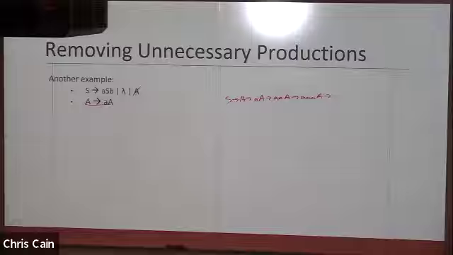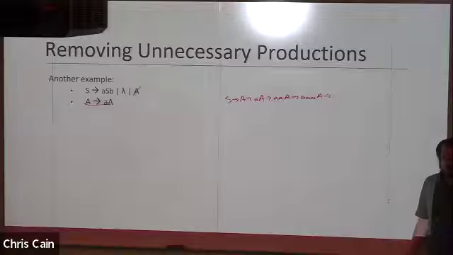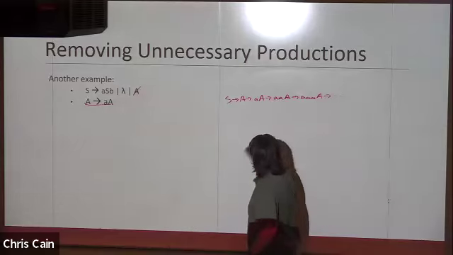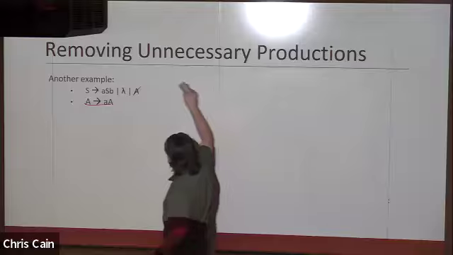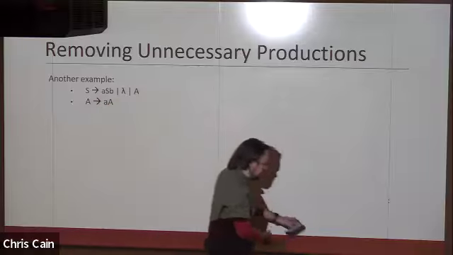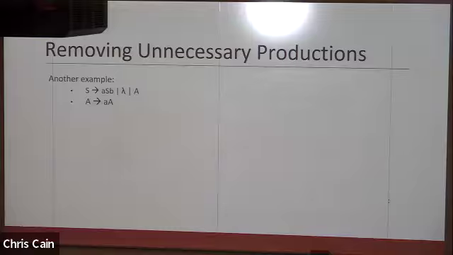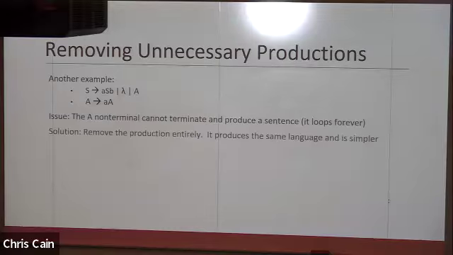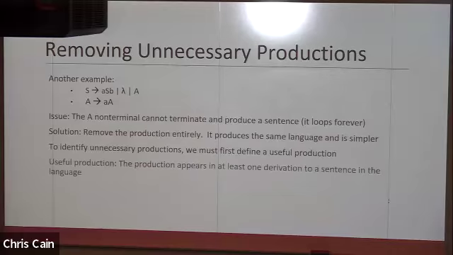So we're going to define the concept of useless as a non-terminal that is never part of any string derivation that's in the language. A useful production appears in at least one derivation for some string in the language.